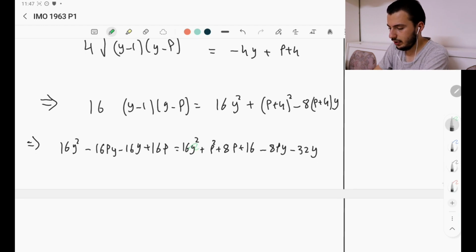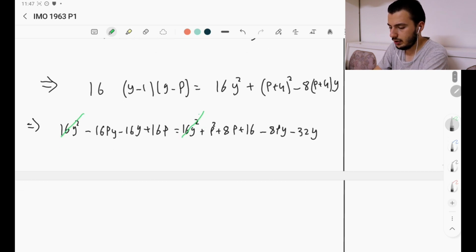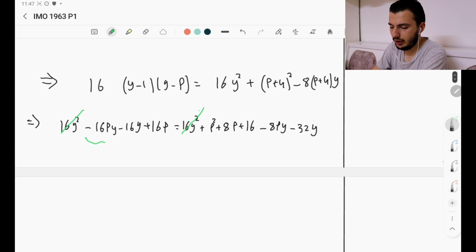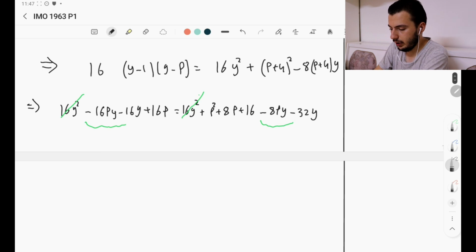We can cancel this with this. Now the by term here and by term here. It's safer to move it to the right hand side. So now we have 8by here.